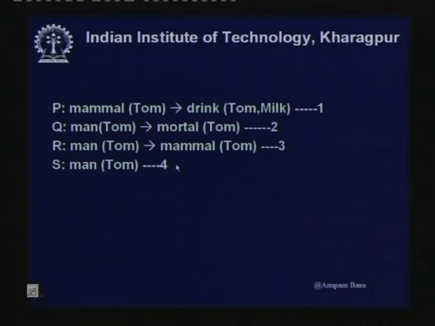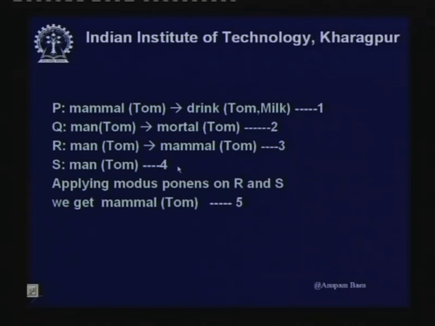Given these propositions, if I select my favorite tool, modus ponens, and apply it on R and S, that is, man Tom implies mammal Tom is true and man Tom is true, then applying your knowledge of modus ponens, you can certainly arrive at the fact that mammal Tom.